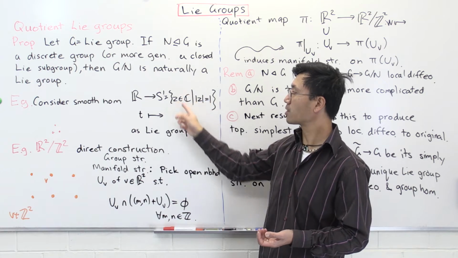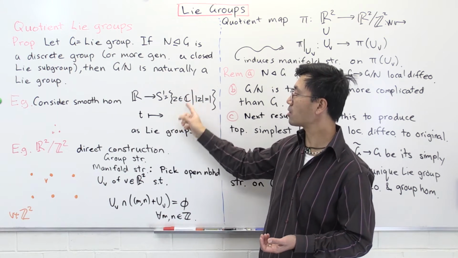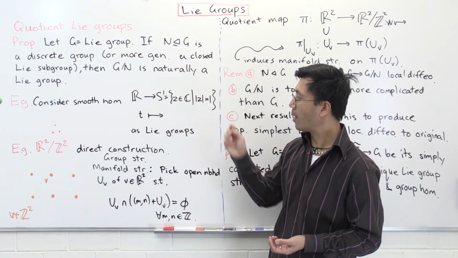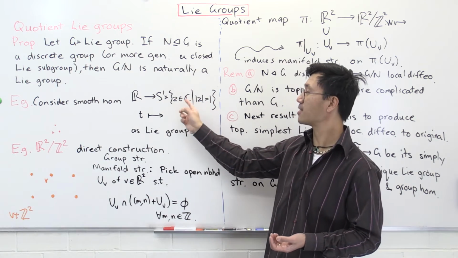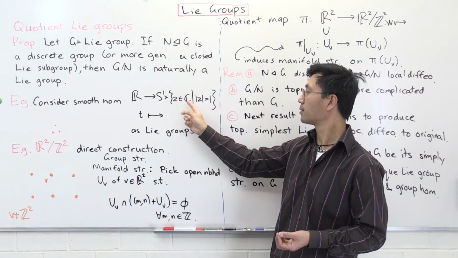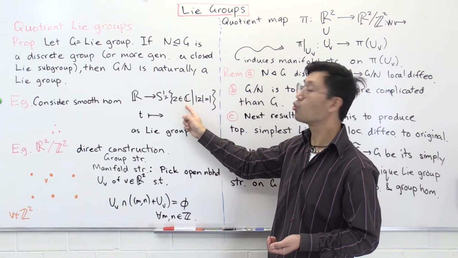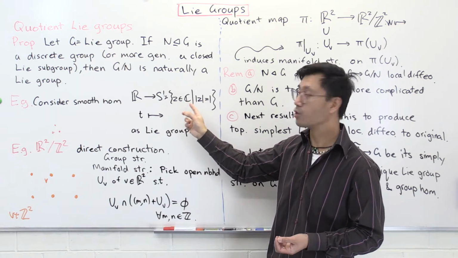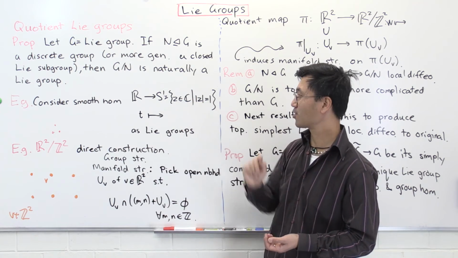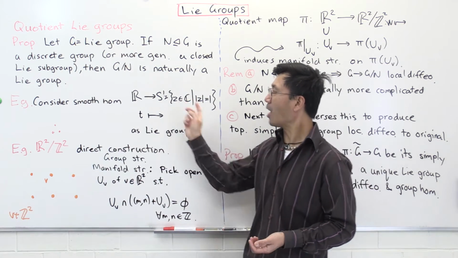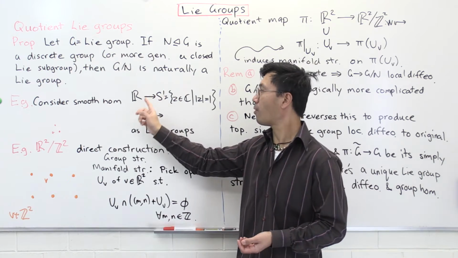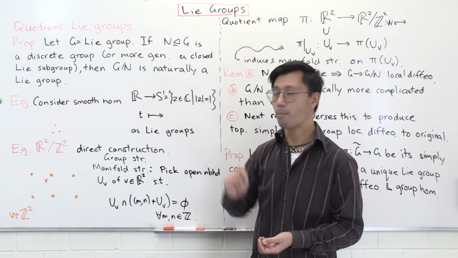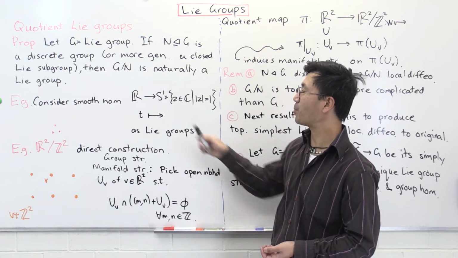Of course this forms a subgroup of C cross, the multiplicative group, and it's called S1. We've actually seen this before: it's just U(1), the unitary group of 1 by 1 unitary matrices. So the point is that I'm going to construct from this Lie group to this Lie group a smooth group homomorphism. And what's that going to be? I hope you can guess.